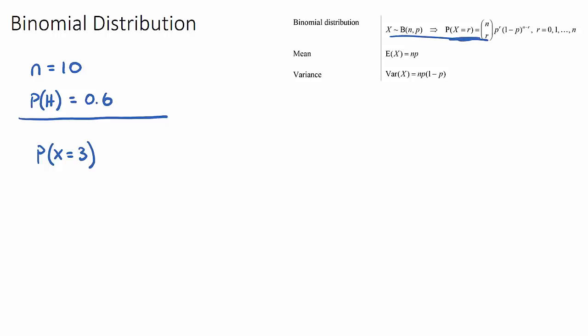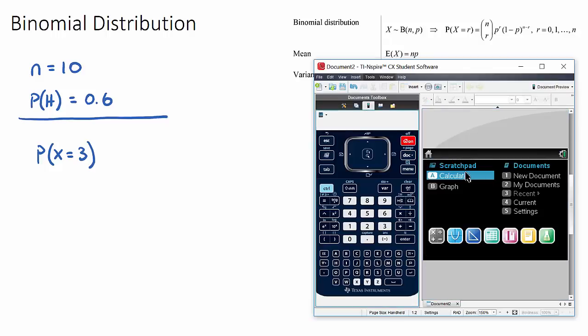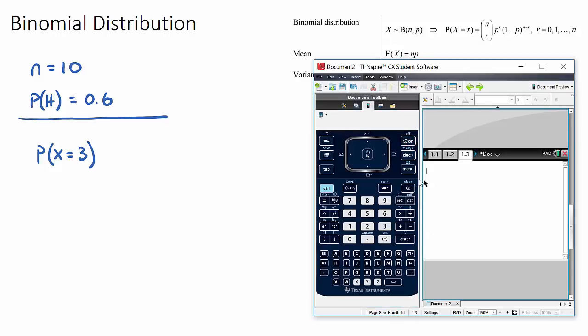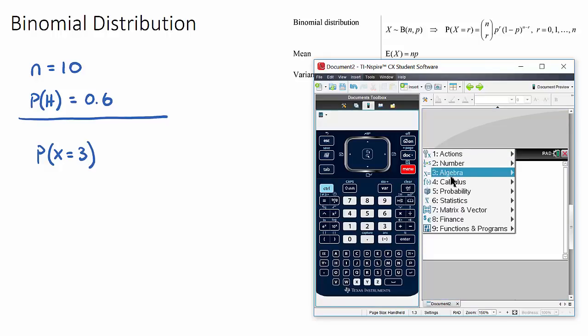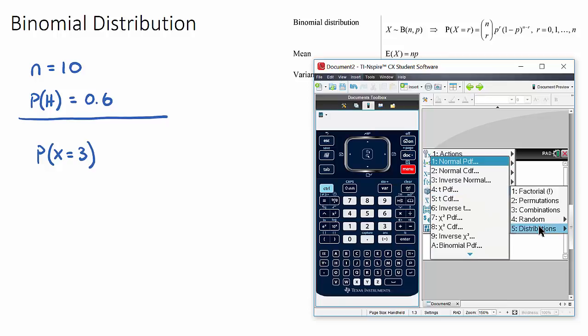And lucky for us, our calculator does a lot of this work for us. So I'm going to show you how to do it on your calculator, and then I'll refer back to the formula to see where we got these numbers from. So we want to go to our calculator. You can just open up a new calculator section. If you go to Menu, Probability, you want to find the distribution section of your calculator, and this is a binomial question.